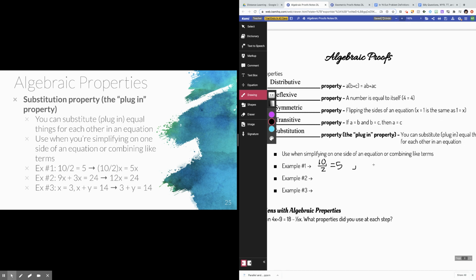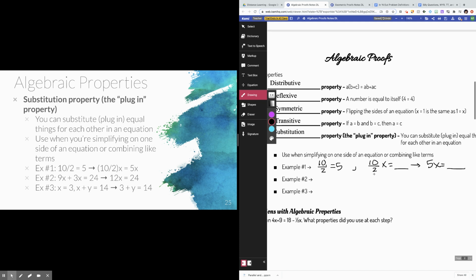What that means is that if you have 10 over 2 x equals something, then that's the same as saying 5x equals something, right? Essentially I took these two things that are equal to each other, and since I knew that this was equal to 5, I plugged 5 in where 10 over 2 used to be, okay?